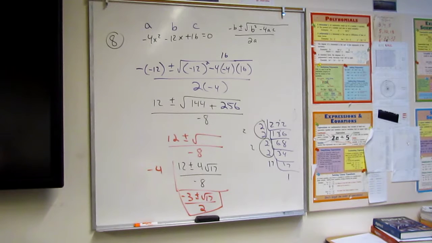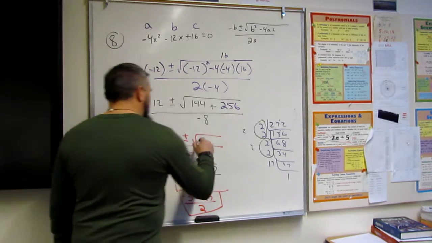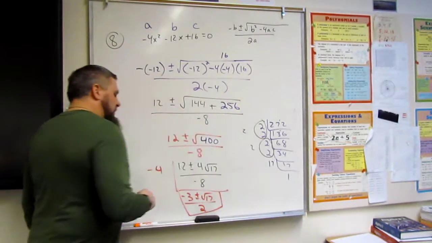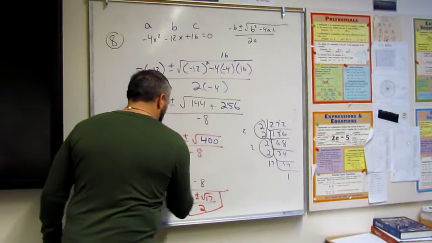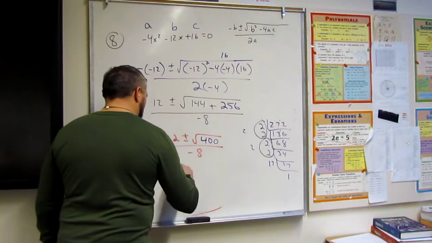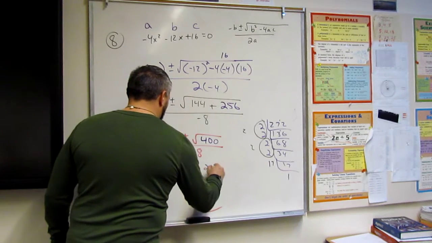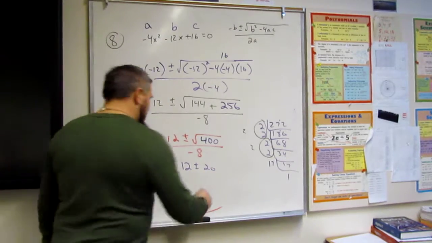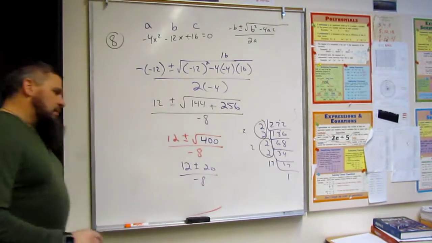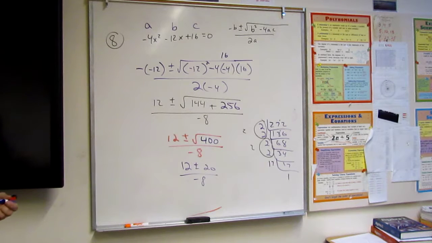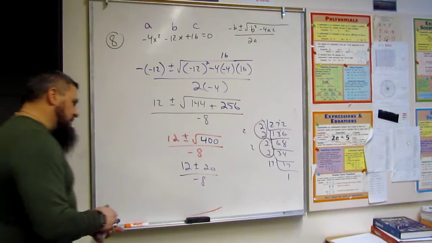Alright, so that changes this to, what? 144 plus 256 is 400. Oh, jeez, this is a lot easier. What's the square root of 400? 20, right? Okay. And then we go in 2 directions, right?